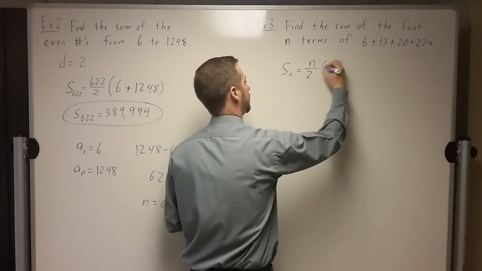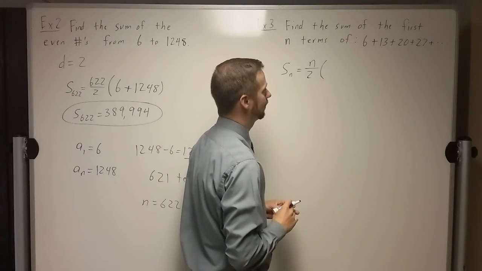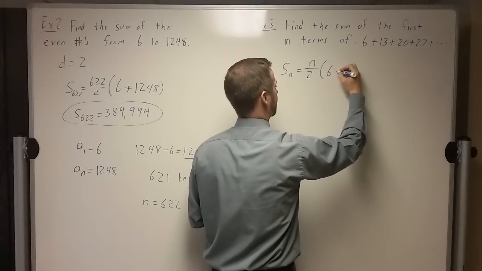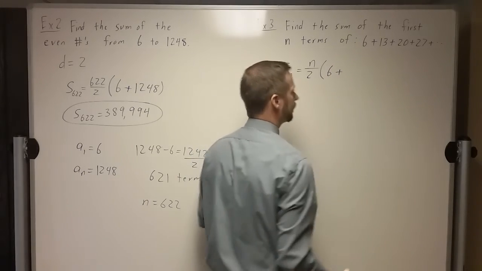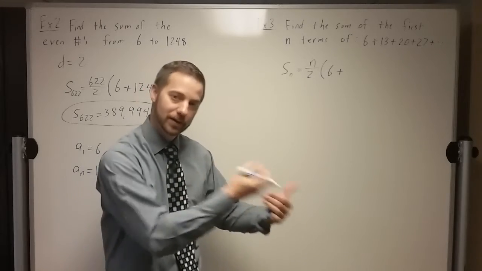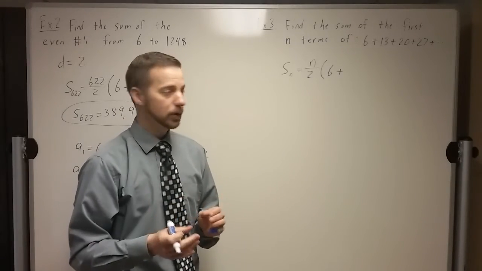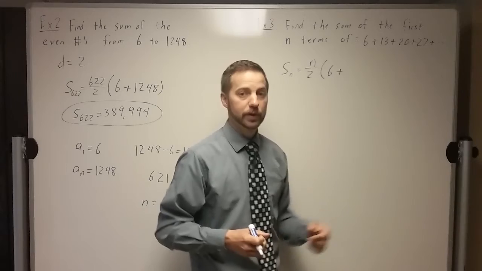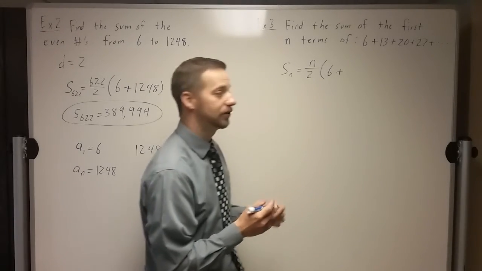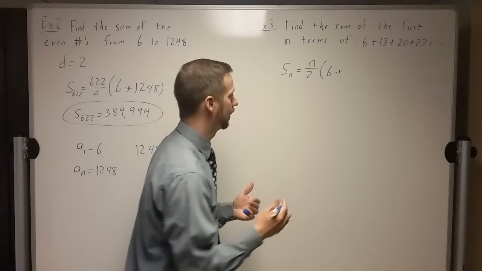So n over 2 times the first term plus the last term. So the first term is 6. The last term, well, how do I put in the last term if I don't know where to stop? So here's what we're going to do for the last term, is we're going to put in the formula to get the nth term, which means we need the general formula for the term on this.